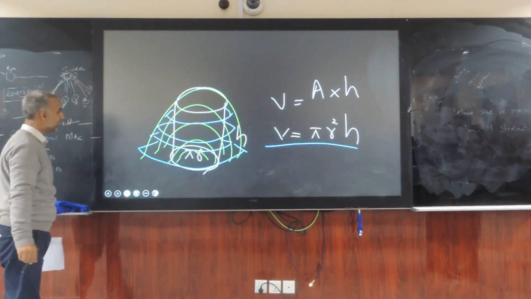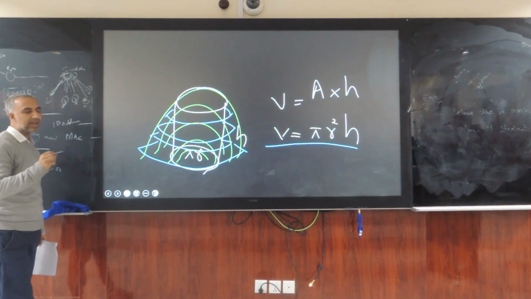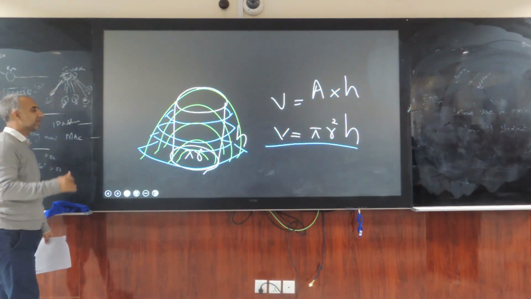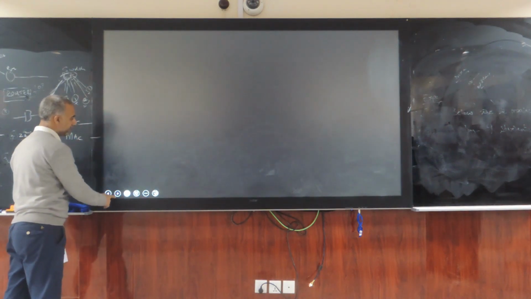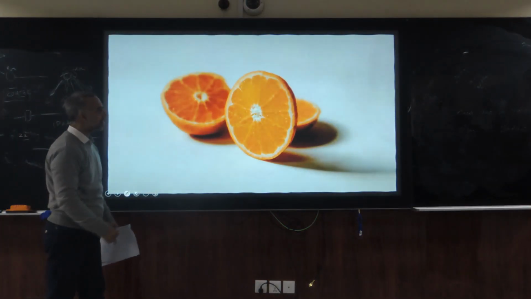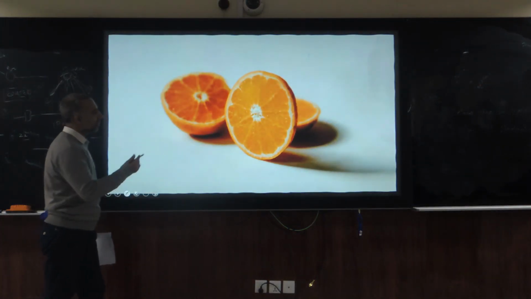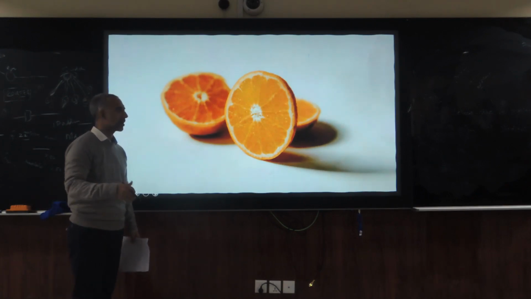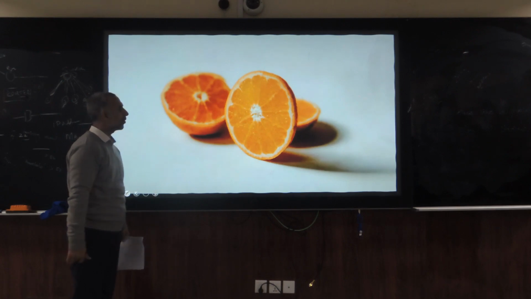So we determine the volume of each shell, and by summing up all the shells we get the net volume. Here in the disk method, the central part, the axis of rotation, is also part of the complete volume.